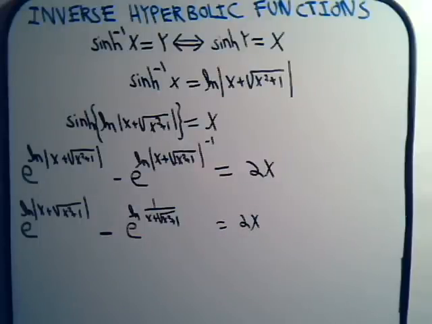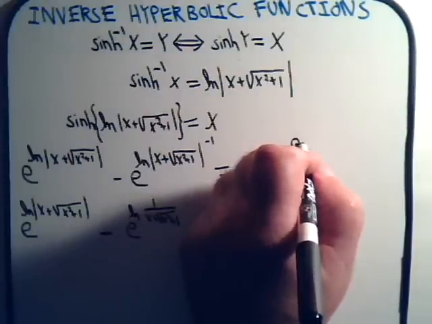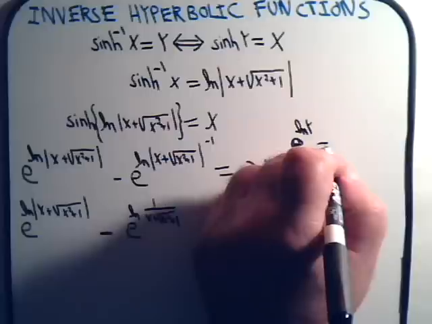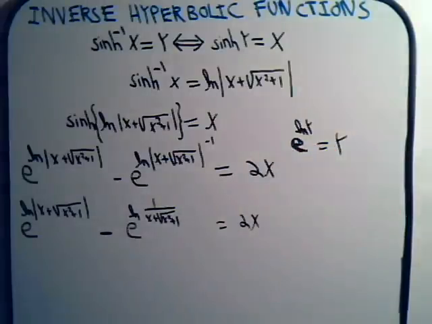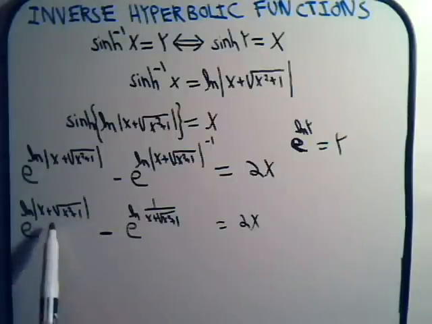And remember now how natural logarithms work. If I have this expression e to the natural log of y, that just equals y. So e to the natural log of this expression is just this expression. Same thing over here.